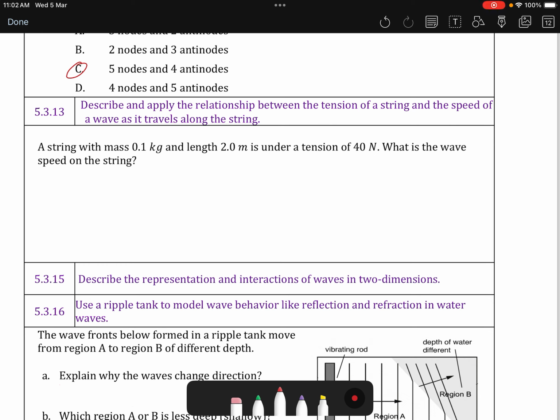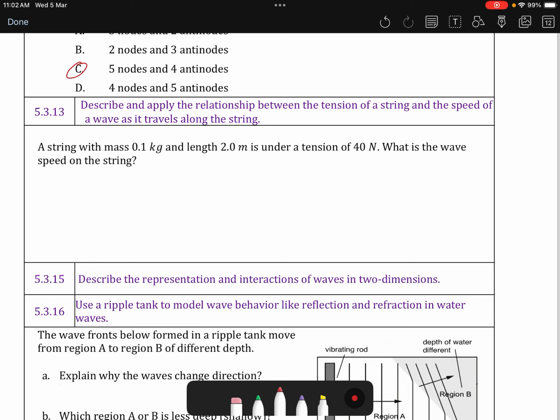A string with mass 1 kg and length 2 meters is under tension of 40 Newton. What is the wave speed of the string?